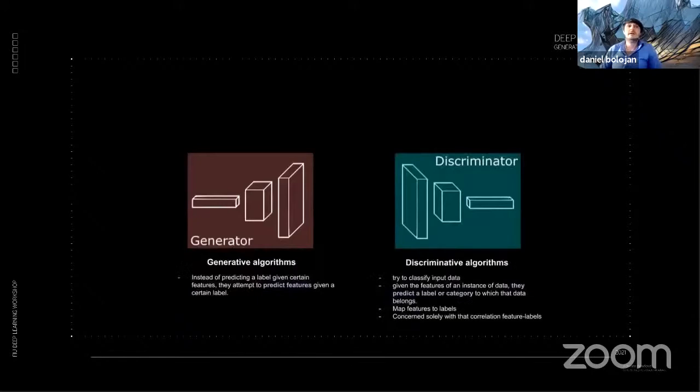So we can say that generative algorithms, which are mostly the generator network, instead of predicting a label given certain features, attempt to predict features given a certain label. When I'm saying label, mostly I'm referring to a way to inform a network what something is.